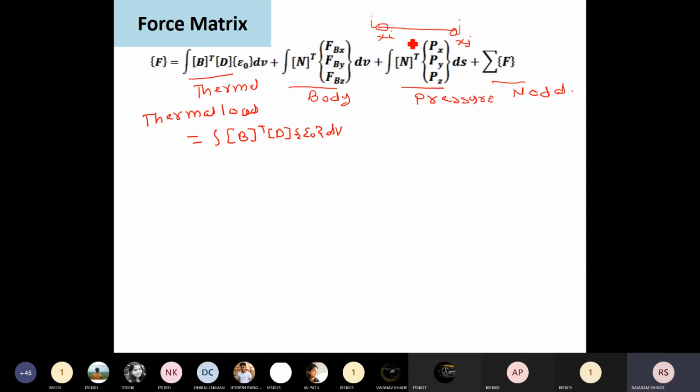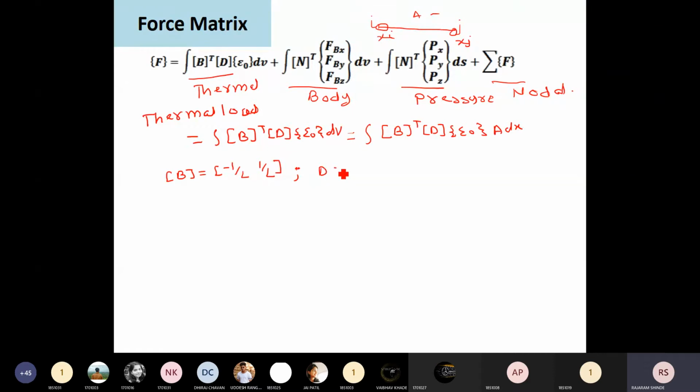The area for this element is constant, so this integration will change to the integration of B transpose D epsilon 0 A dx. In the stiffness calculation, we have calculated B. B is equal to minus 1 by L and 1 by L. Already you have calculated it. Now this is your B matrix.